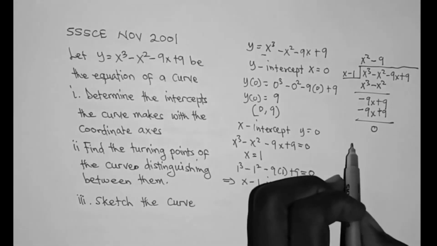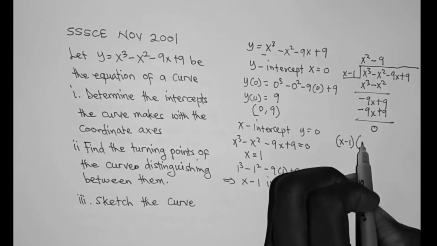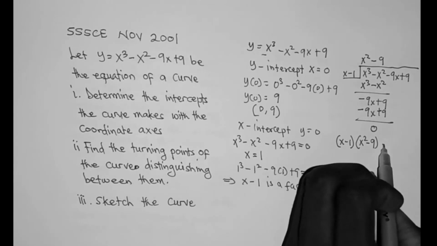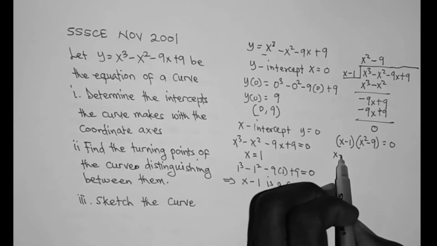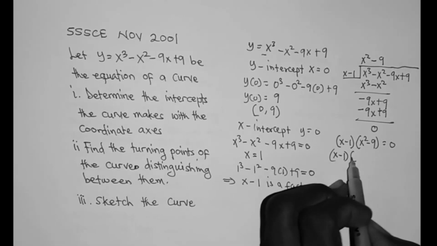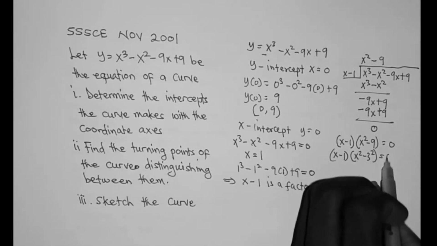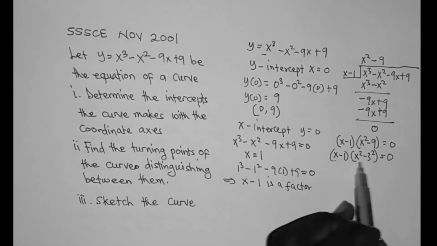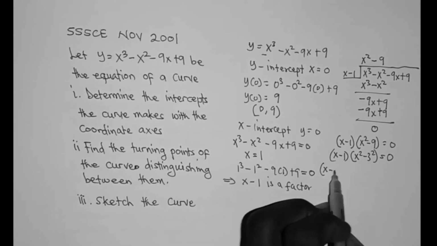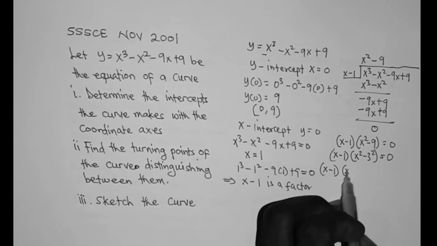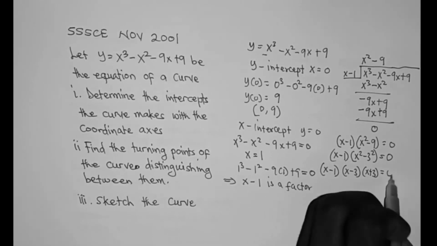So it means that the factors are x minus 1 in one bracket, and in another bracket x squared minus 9 equals 0. This can also be written as, in one bracket, x minus 1, in another bracket, x squared minus 3 squared equals 0. And this is just difference of two squares. So the factors are x minus 1 times x minus 3 times x plus 3 is equal to 0.